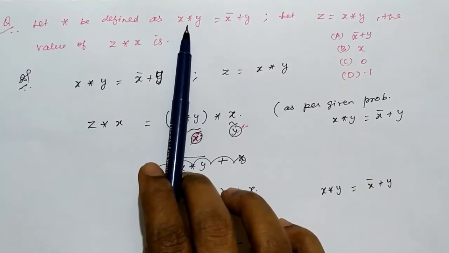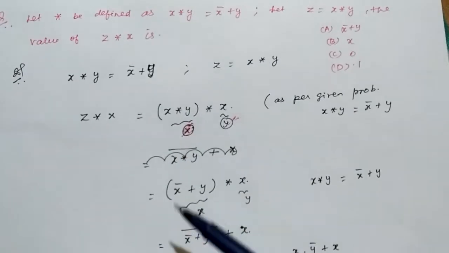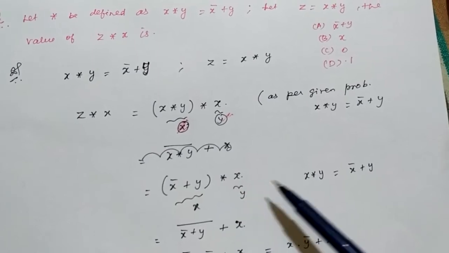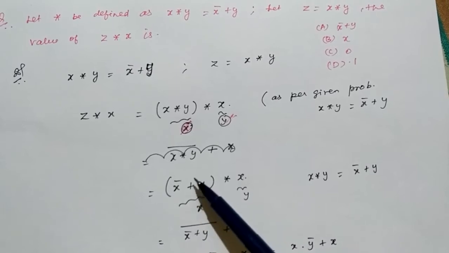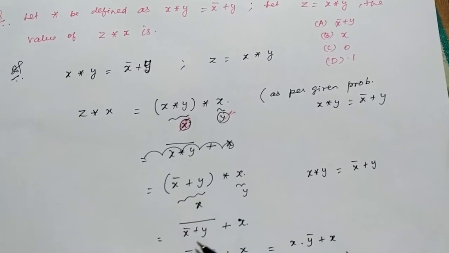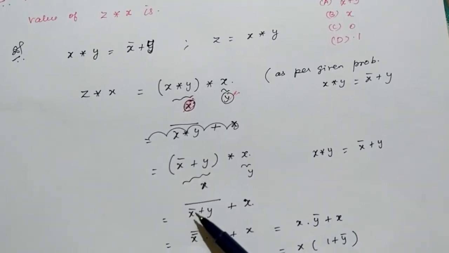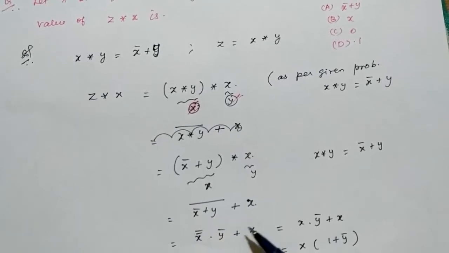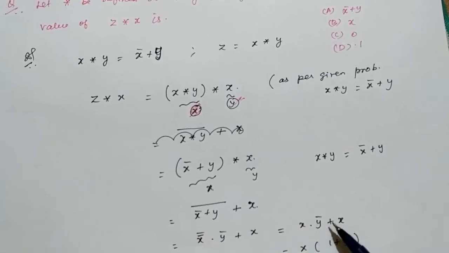When one input is starred with another input, the result is the first input complement plus the second input. So the first input whose complement is this, plus x, the second input. Now when we simplify this, the double bar cancels, and the plus becomes a dot: x dot y complement plus x. So this becomes x plus y complement plus x.